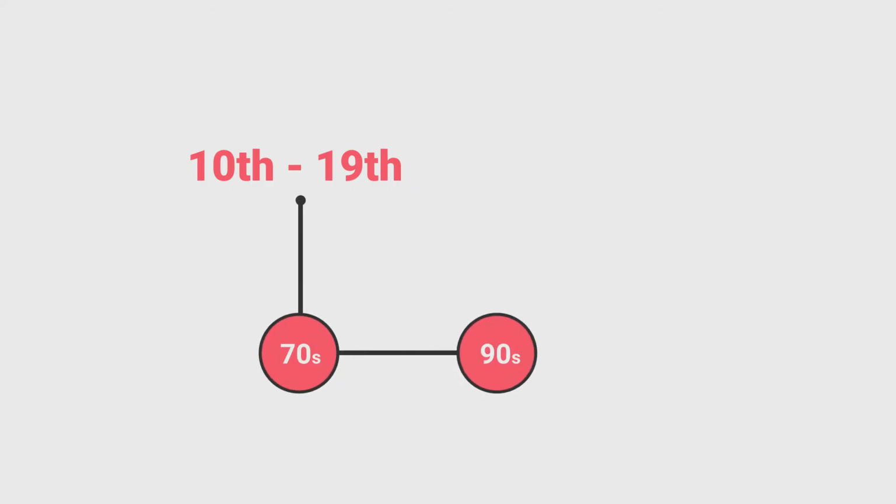Now let us consider the 10th through 19th pattern. In Haitian Creole, the ordinal numbers 10th through 19th repeat only in the 70s and 90s. The Creole ordinal numbers from 10th through 19th are dixième, onzième, douzième, treizième, quatorzième, quinzième, seizième, dix-septième, dix-huitième, and dix-neuvième.